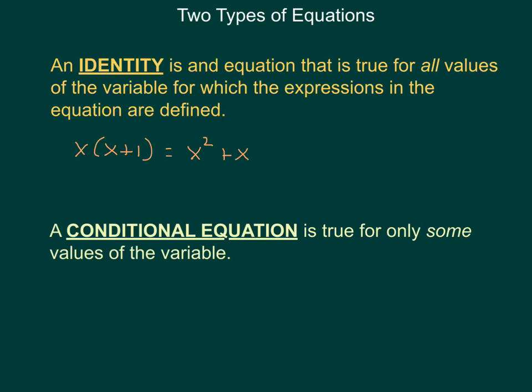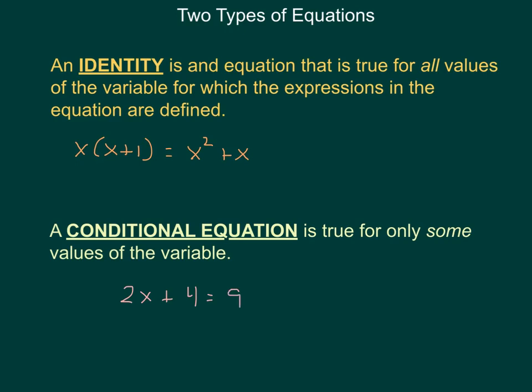A conditional equation is one where it's true for some values of the variable. It's not true for all of them. For example, a very basic one, 2x plus 4 equals 9. That would be a conditional equation.